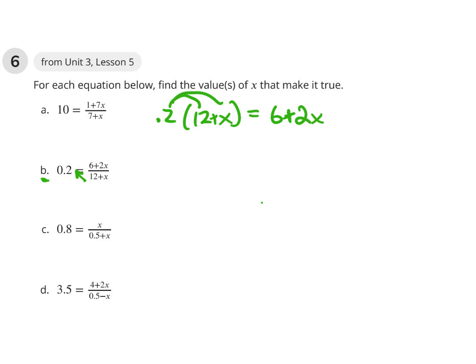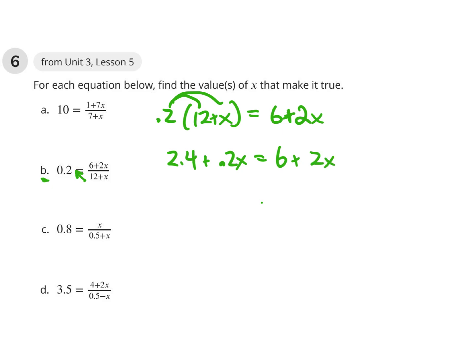So 0.2 times 12 is 2.4, plus 0.2x is equal to 6 plus 2x.